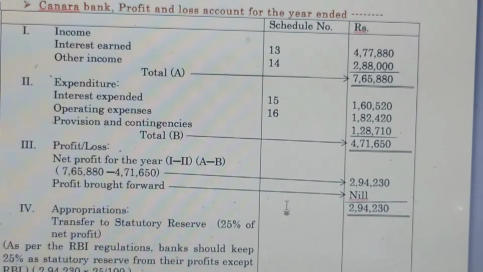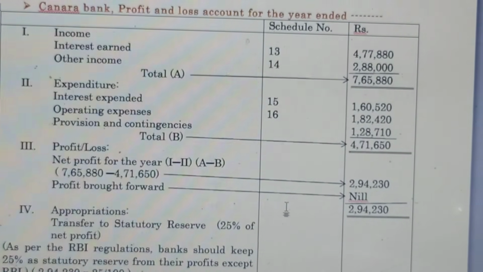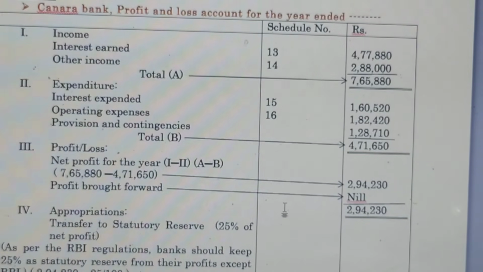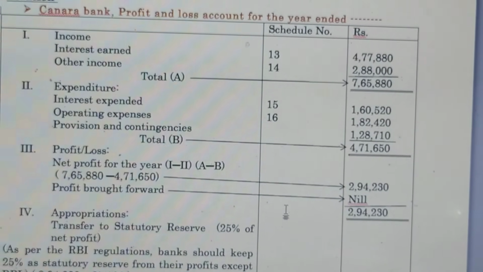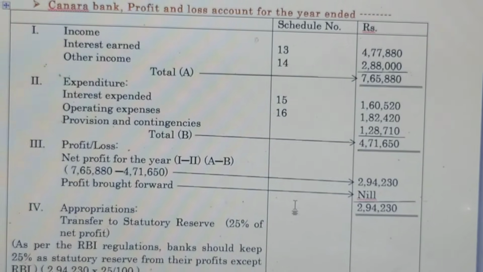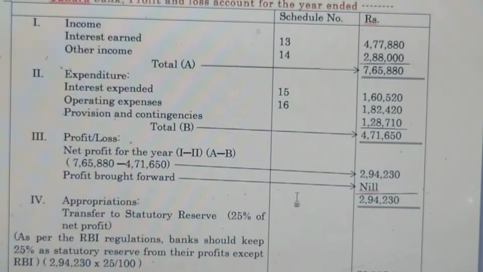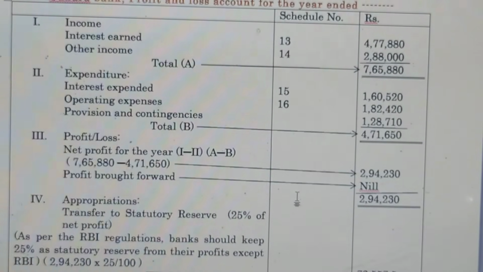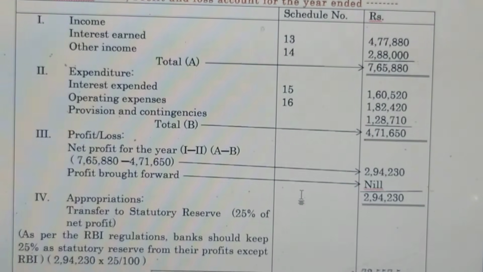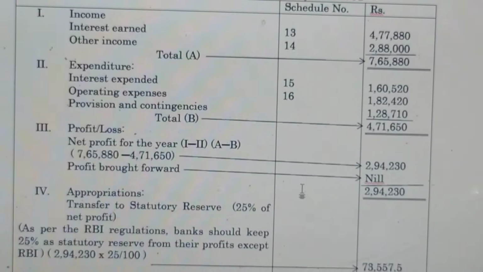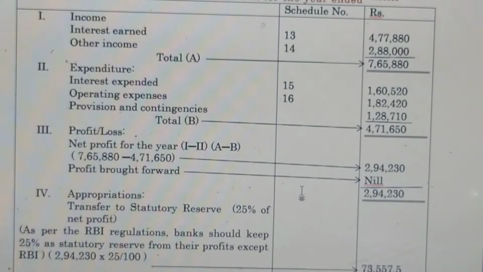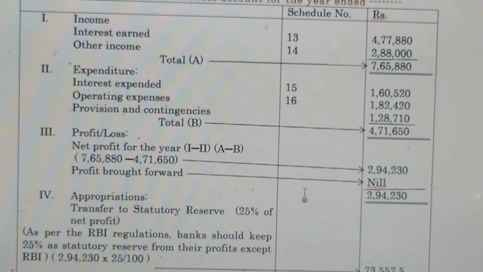So the total A amount is 7,65,880 minus total B amount 4,71,650. We get the difference amount of 2,94,230. That is the net profit of the bank. And profit brought forward is nil. There is no previous year net profit of the bank.